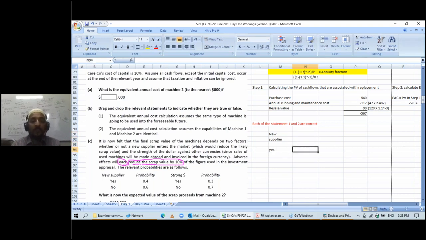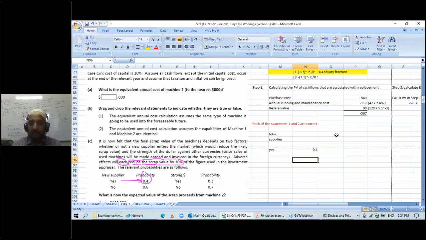What is the probability that a new supplier enters the market? They have given that if the new supplier enters the market, the probability will be 40% of it. Then 0.4 is the probability of the new supplier entering the market.